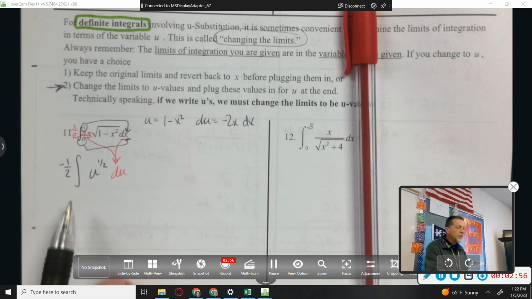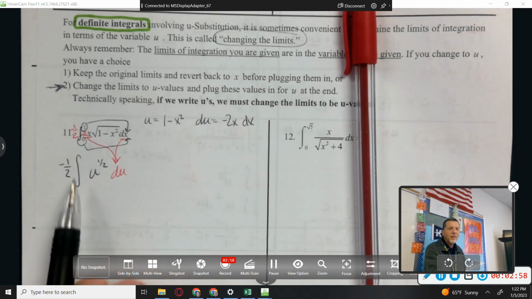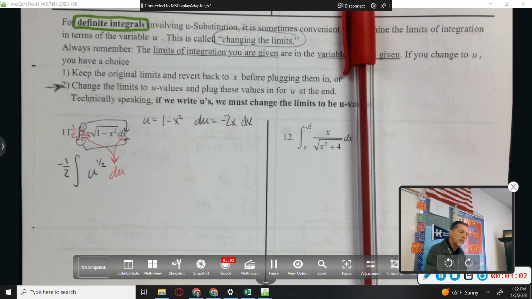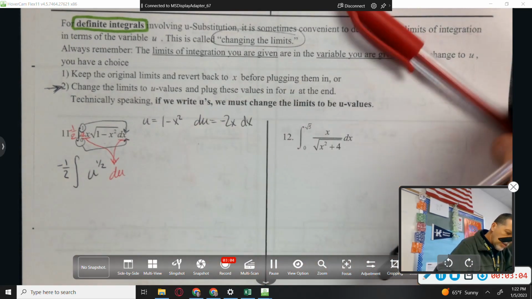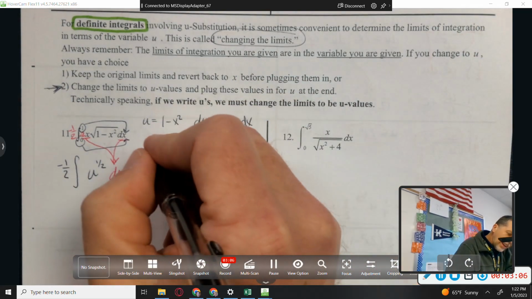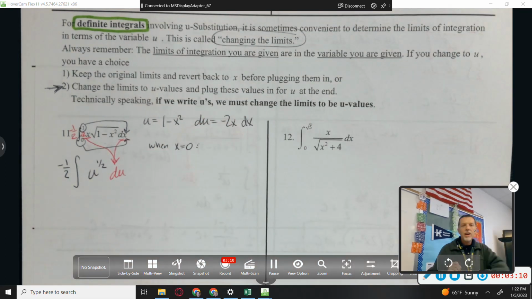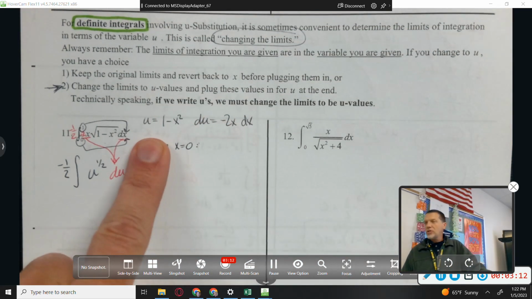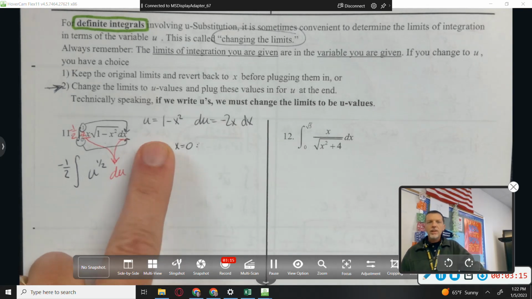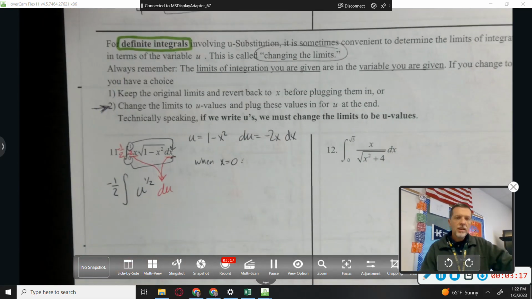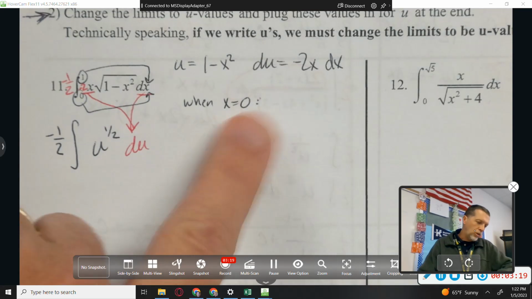So I really shouldn't write 0 and 1 there, because those are x values, and I want to be in terms of u now. So when x equals 0, well, I have a formula that will change x stuff to u stuff. So I'm just going to plug those limits into my u equation.